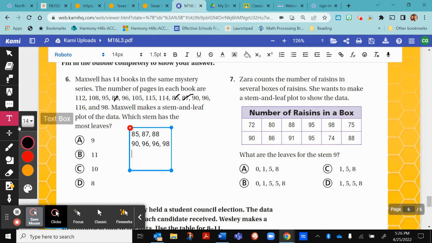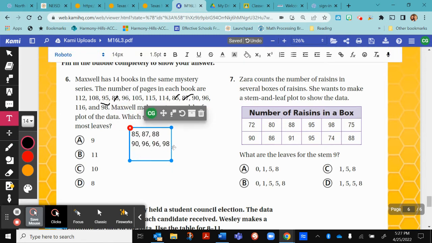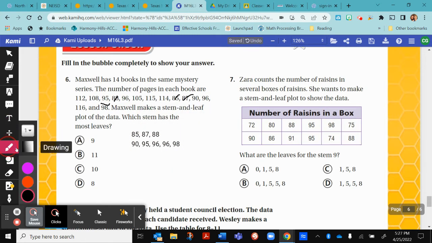All right, am I done with my 90s? Oh, I see the 95 right there that I just missed. So let me go ahead and place that in there. There we go. I have 95, 96 twice, my 90, and my 98. I'm done with that one.